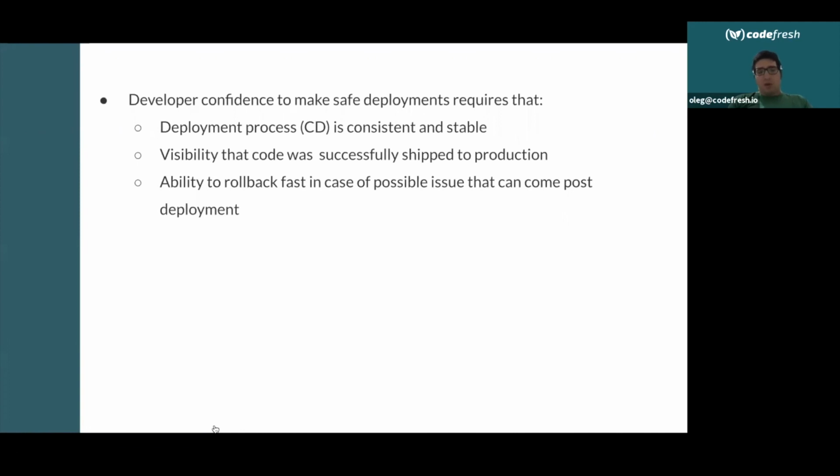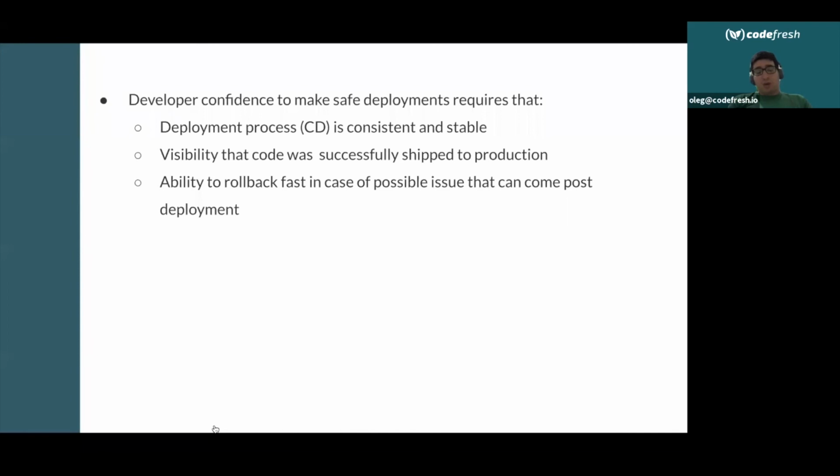It means you can clearly understand the current state of your deployment, whether it failed or passed. Visibility that your code was successfully shipped to production. You need to understand and see and be 100% sure that your code is currently running in production. And this visibility should be implemented. I will show how we did it at Codefresh.